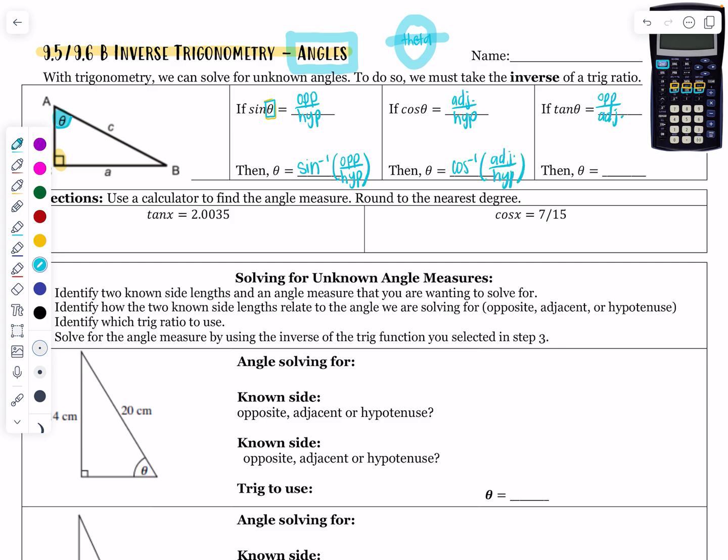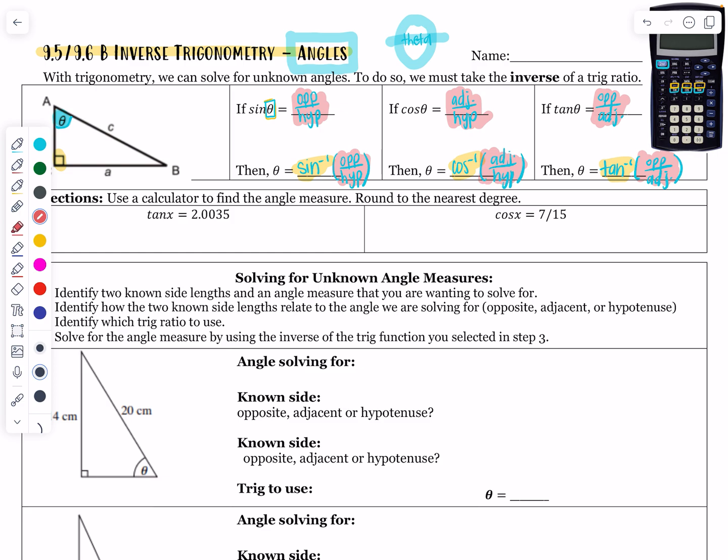And then the inverse tangent of opposite over adjacent. We're going to use our calculators here, so we're not really going to have to cross multiply. We're going to let our calculators do all of the work for us. So we'll be using our inverse functions: sine inverse, cosine inverse, and tangent inverse. It's all of these normal things we're used to, but we're doing the inverse of all of them.